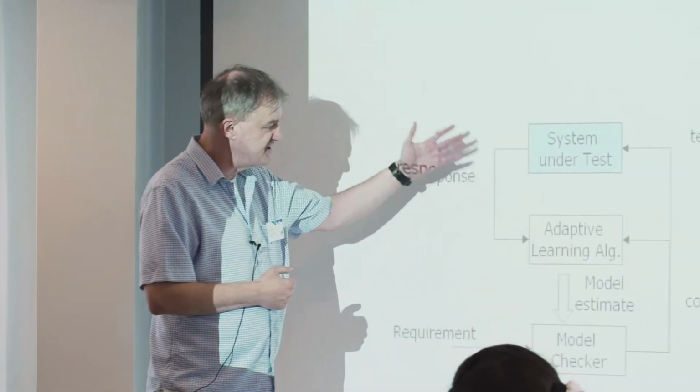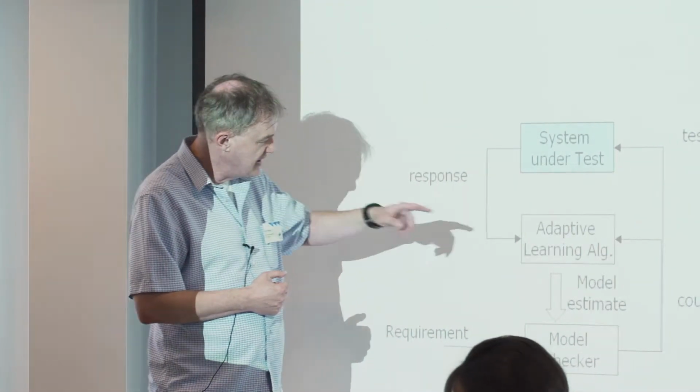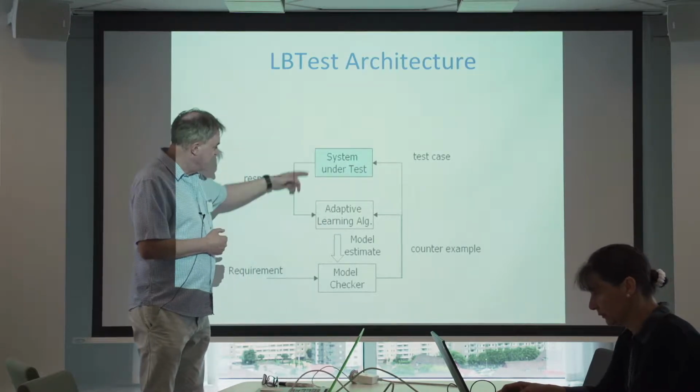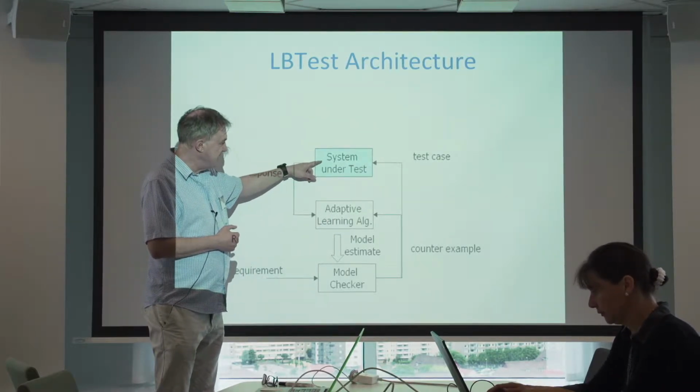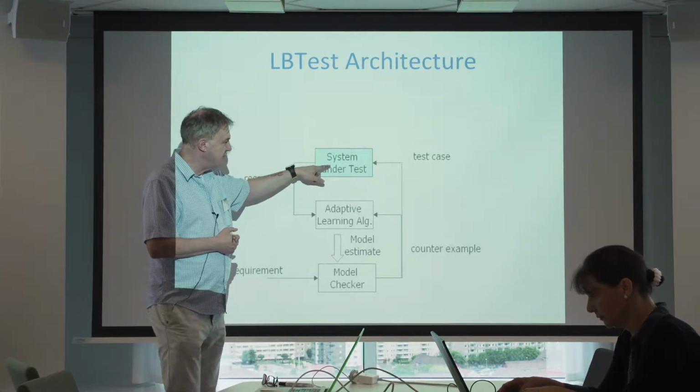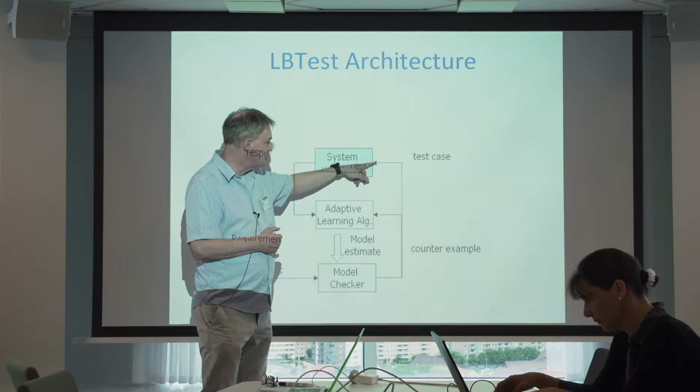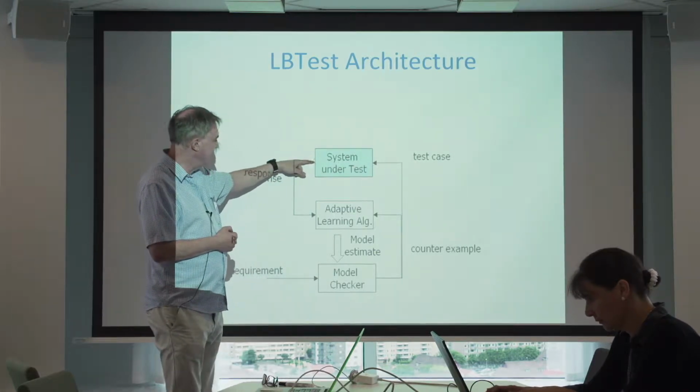Right, so we went into this architecture yesterday. This is the architecture of a tool, and I break it down into three main components. A black box system under test: you can't see what's in there, but you can fire in queries, so you can at least talk to it. You can understand how it talks back.